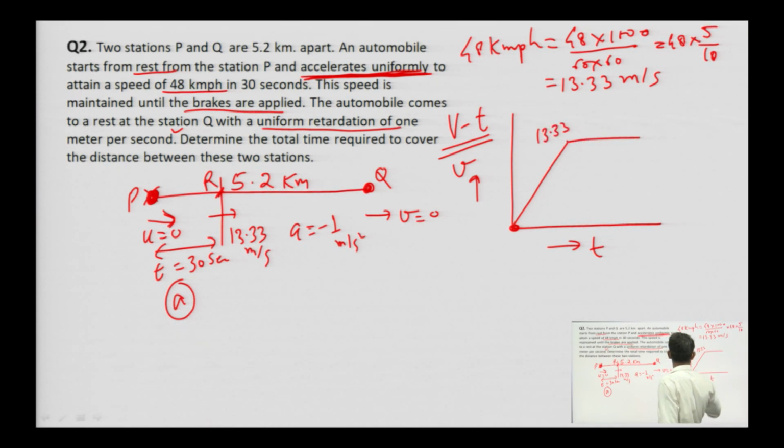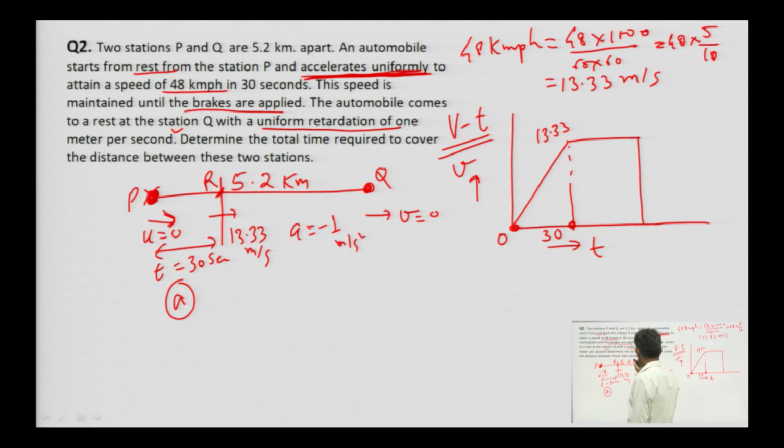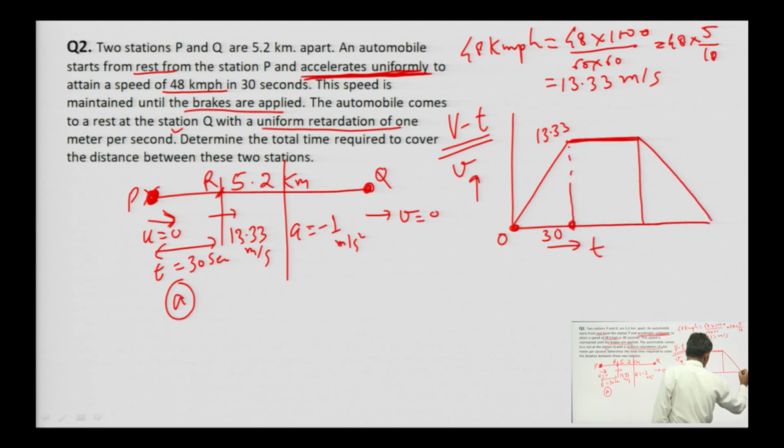After that, constant value. And this one time is 0, this is 30 second. Then some constant velocity, and then it is retarding. Okay. So, this is the plot of v versus t.